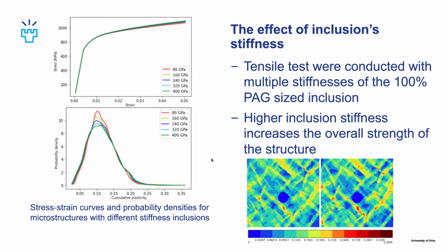And this is also seen in this plasticity distribution. We can see that as the stiffness increases, the distribution gets wider.